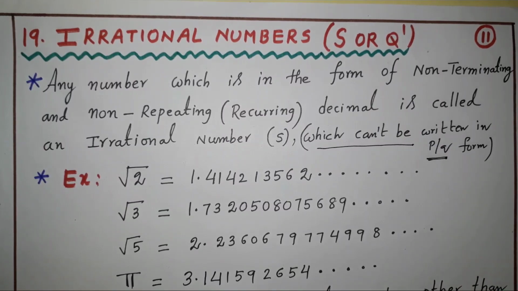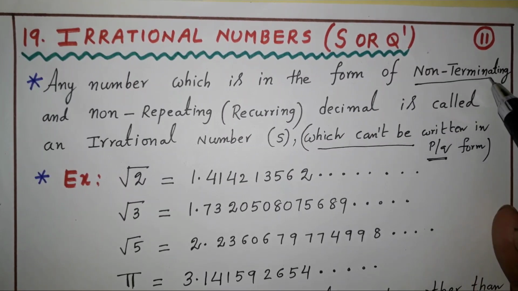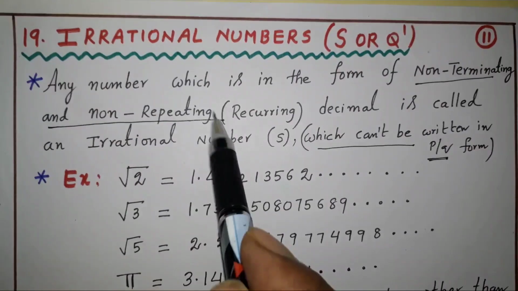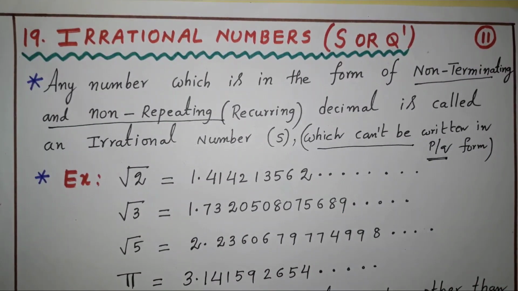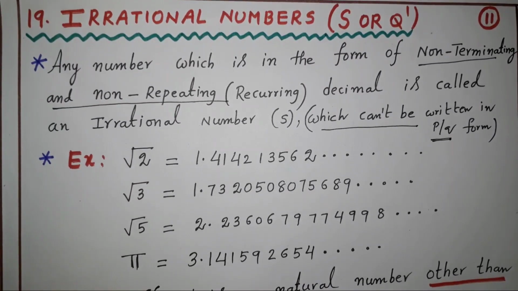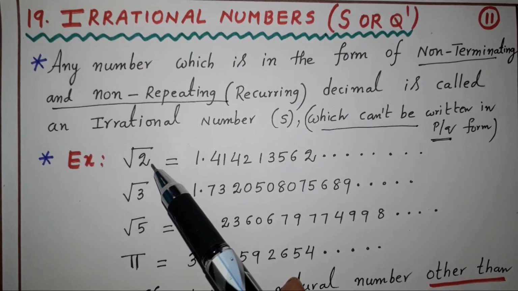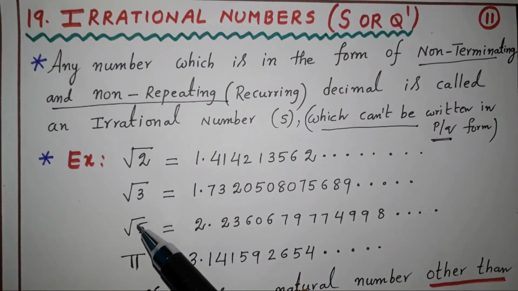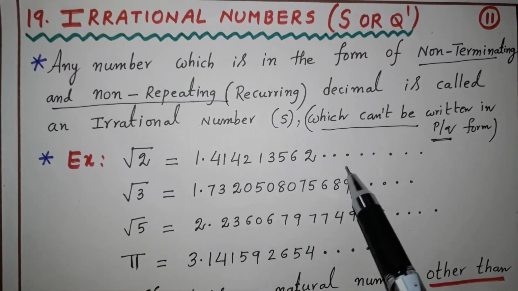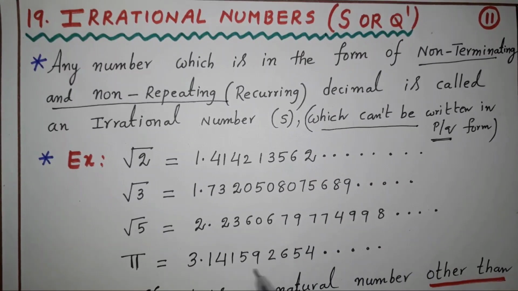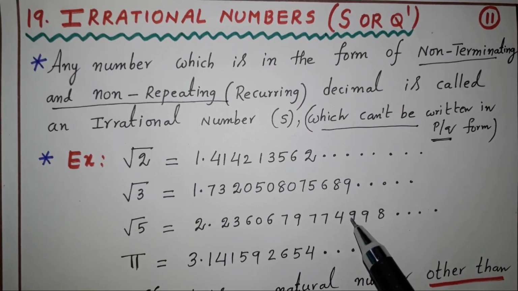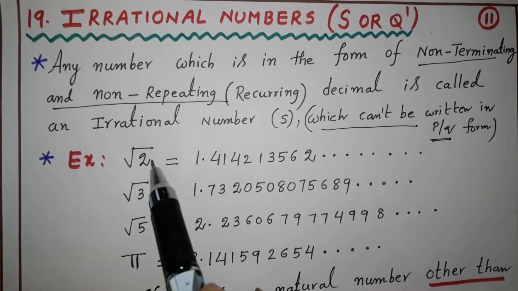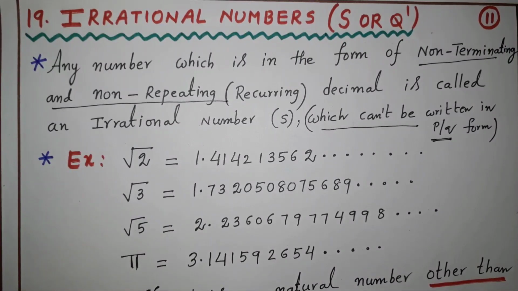That means their decimal expansion is non-terminating and non-repeating. Such types of numbers are called irrational numbers. For example, if you see the decimal expansions of root 2, root 3, root 5 and also pi, these are all non-terminating, non-repeating decimals. That's why these are said to be irrational numbers.